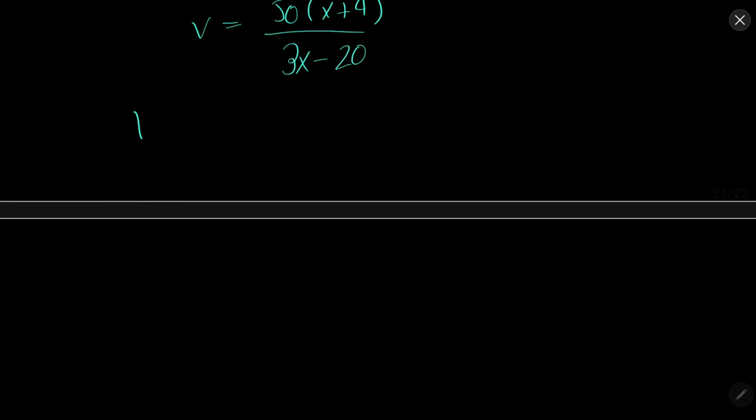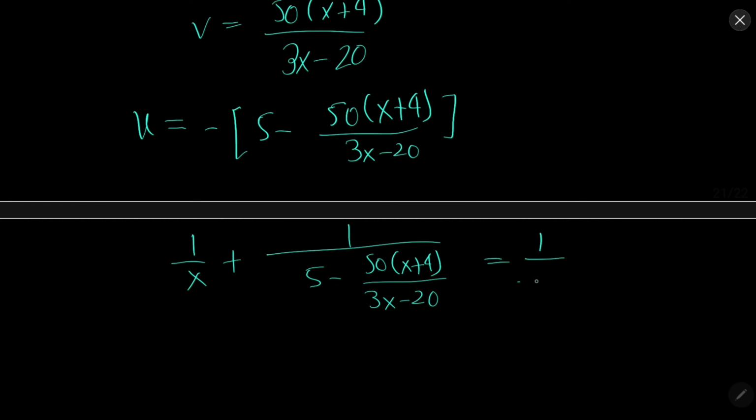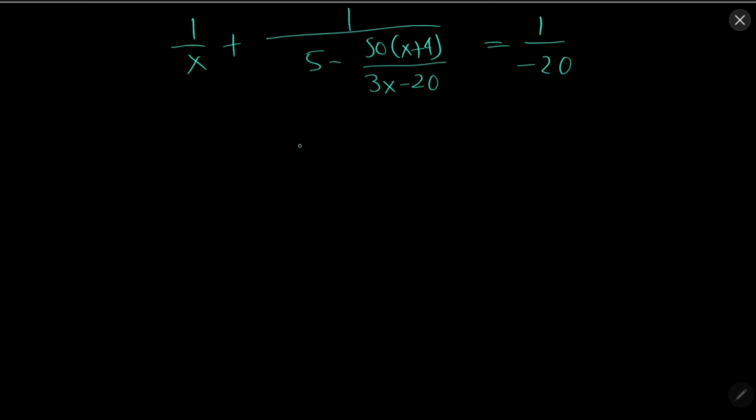Now for this further situation, u will be this. So 1/x plus 1/(5 minus (x plus 4)/(3x minus 20)) equals 1/minus 20. x will come out to be 60 centimeters.